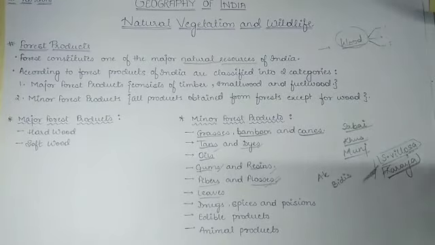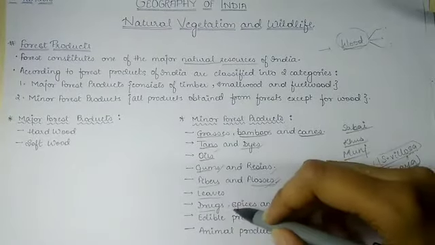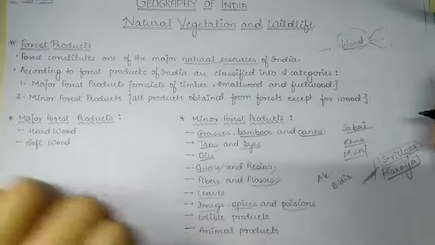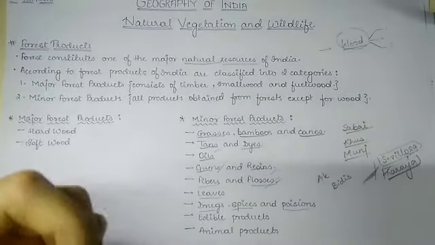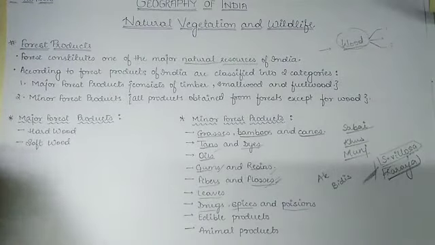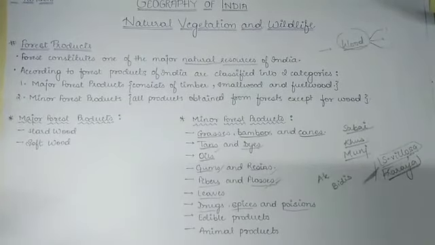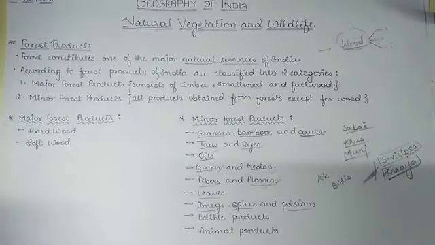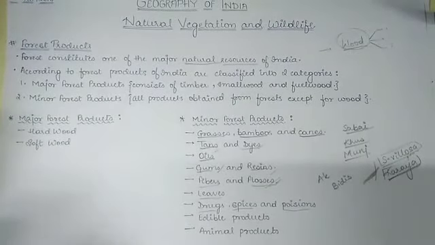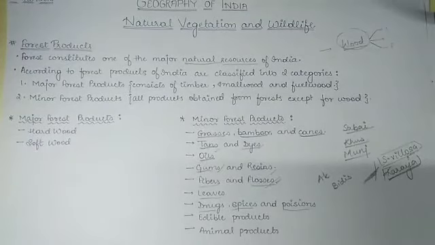Then next are drugs, spices, and poisons. We actually get thousands of drugs which are obtained from forest, flowers, and root stems, or any different part of trees. Quinine is the most important drug that is obtained from Indian forest. Talking about spices, spices are used for adding aroma and flavor to certain dishes.